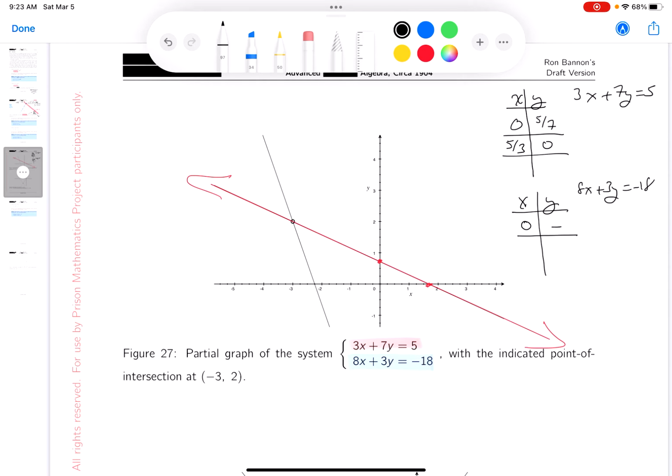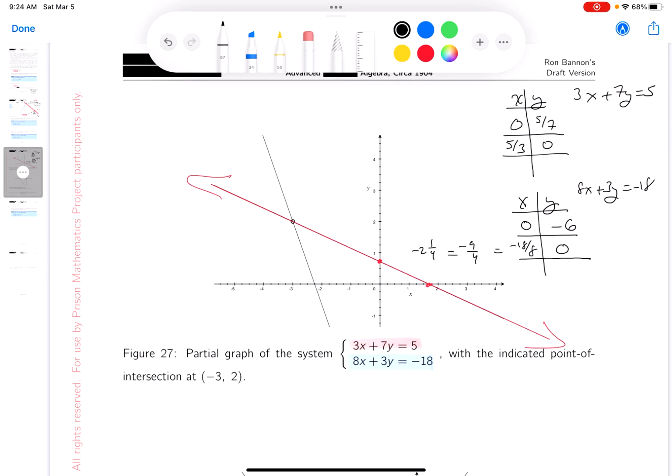Minus 6. That's easy. Let me choose y to be 0, and then what would you get? You would get minus 18/8. Well, I need to reduce that because it looks kind of crazy to me. It's minus 9/4, which I hope you realize is minus 2 1/4.